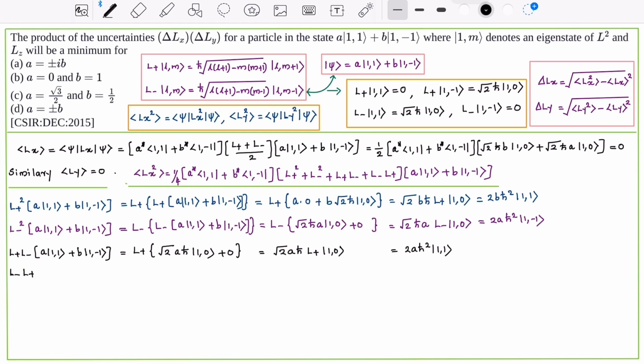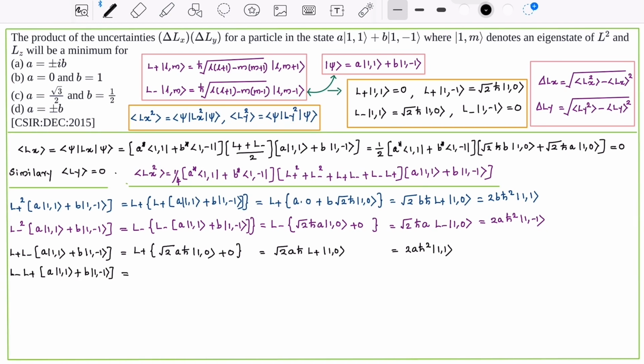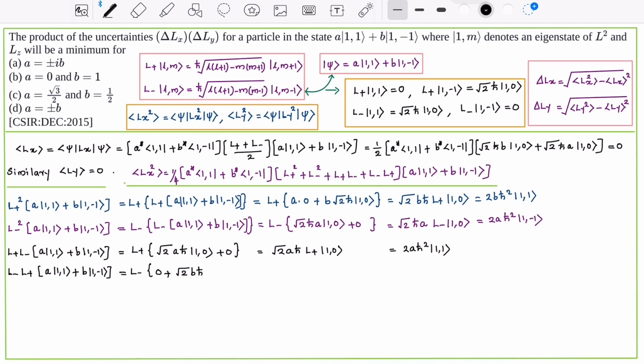And finally, what is L minus L plus operating on A|1,1> + B|1,-1>? This is equal to L minus acting on L plus (A|1,1> + B|1,-1>), that is root 2 B h bar L minus acting on |1,0>, which is equal to 2B h bar square |1,-1>. Now we have evaluated the 4 terms.